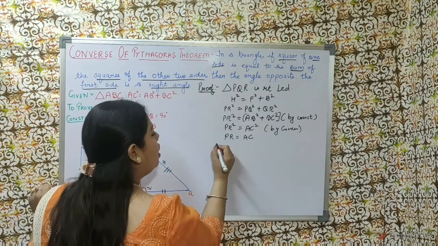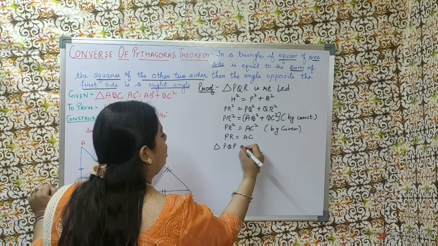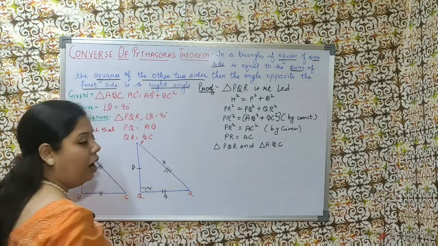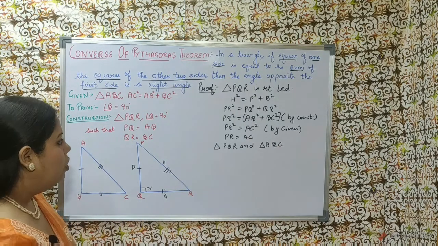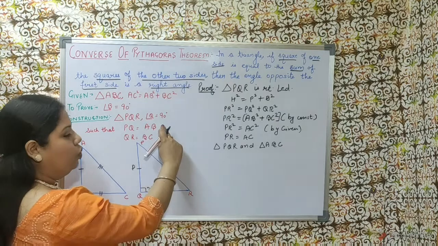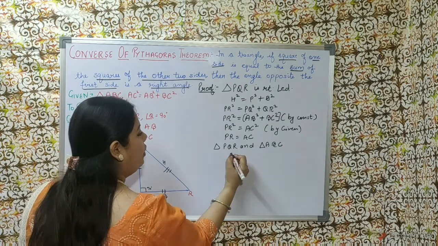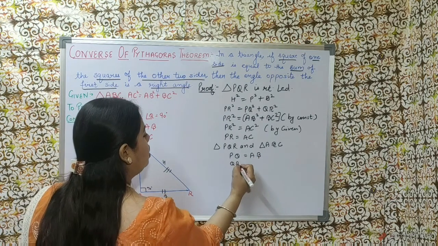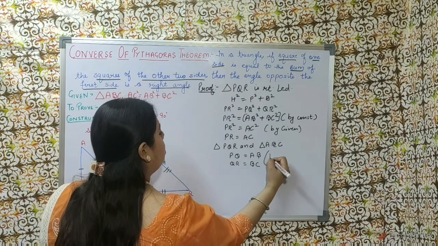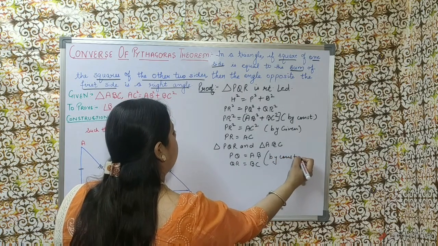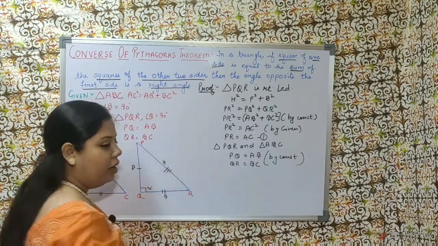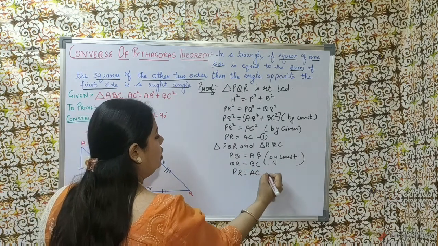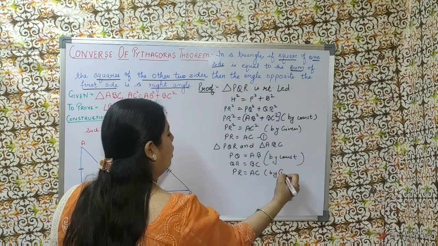Now what is my next step? I have to prove triangle PQR and triangle ABC are congruent to each other. For that, I know PQ is equal to AB and QR is equal to BC, by construction, and let me name it 1. I can write PR is equal to AC by 1.